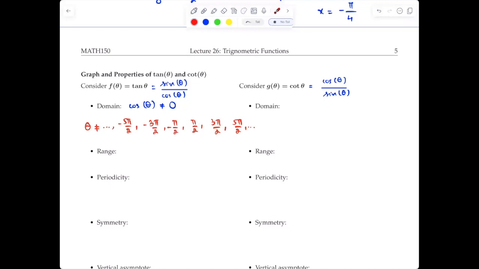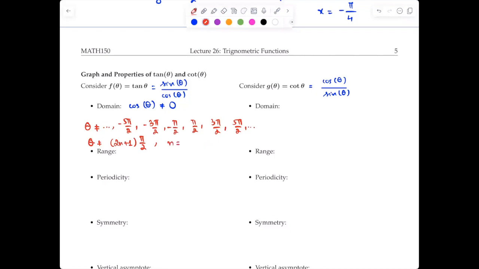To write the formula for this exclusion, 2n plus 1 stands for an odd number times pi over 2. What is the value of n? n is an integer, including negative integers, 0, and positive integers.